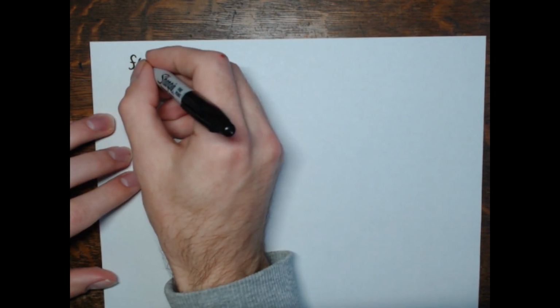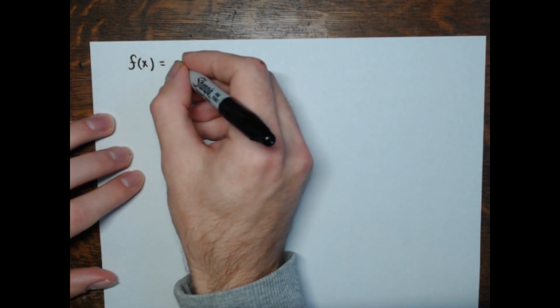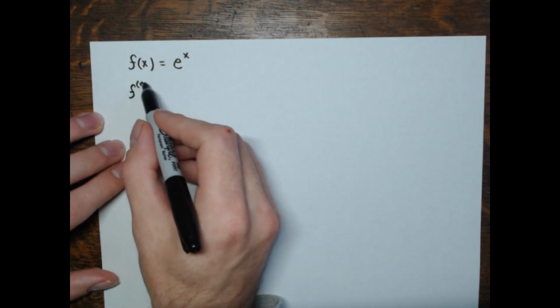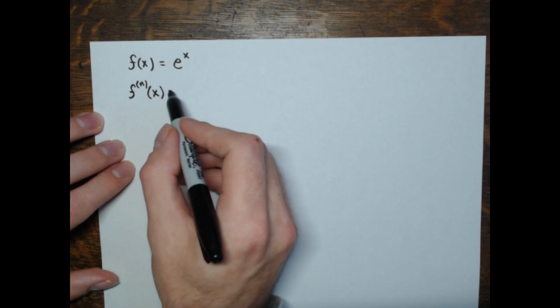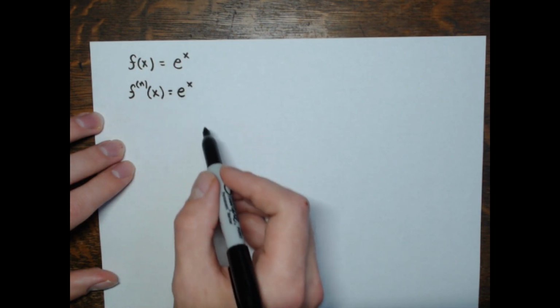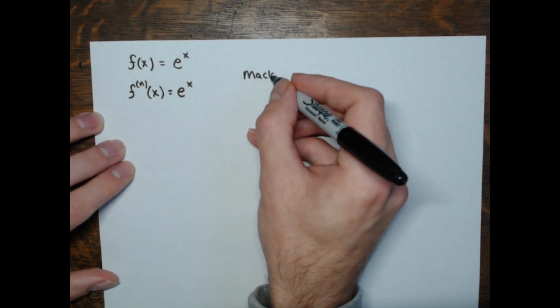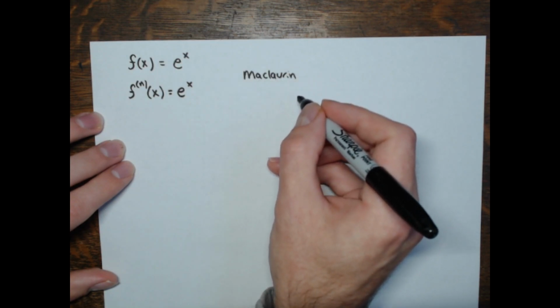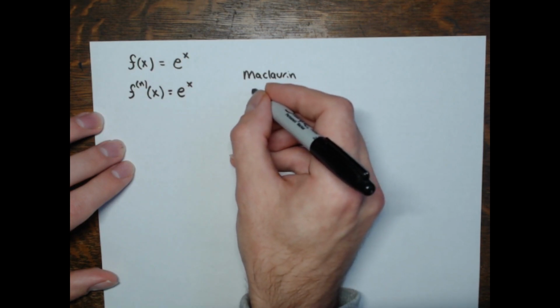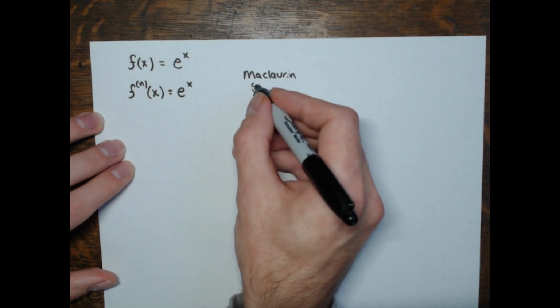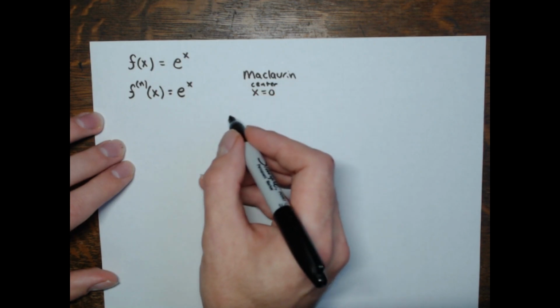Right, so f of x equals e to the x. And once again, every single derivative of this is just e to the x. And since we're talking about Maclaurin polynomial, we're centered at x equals 0.